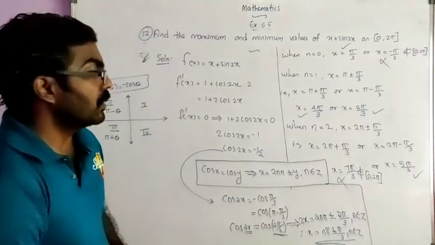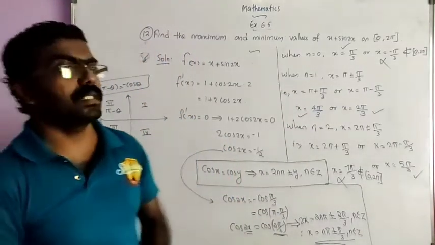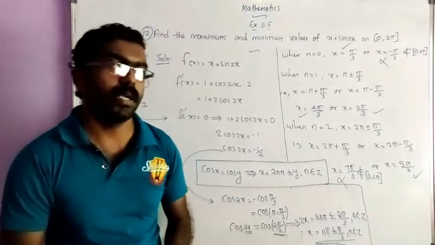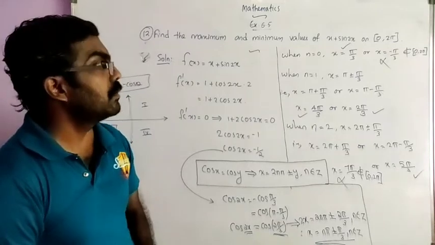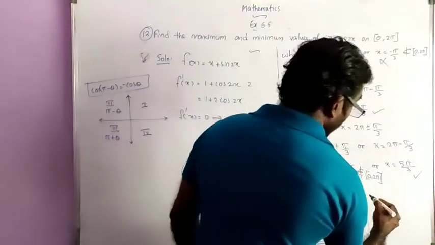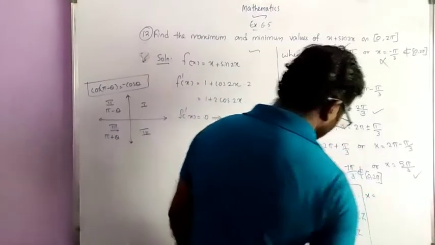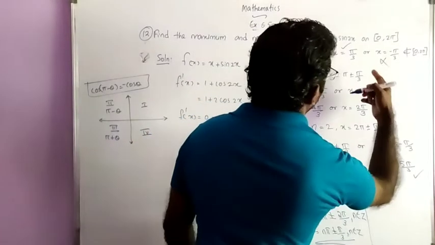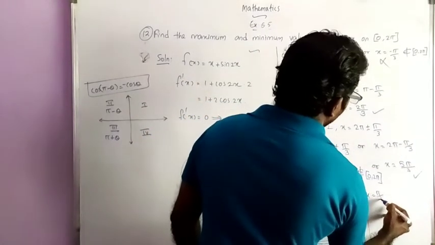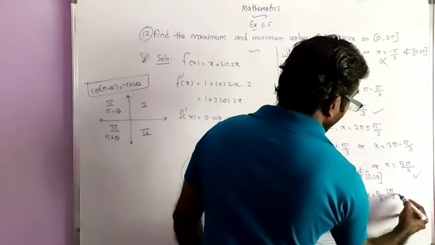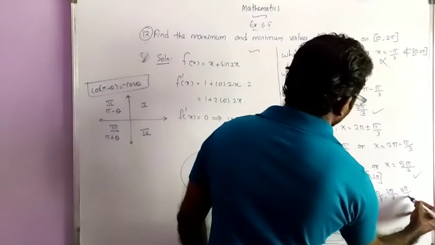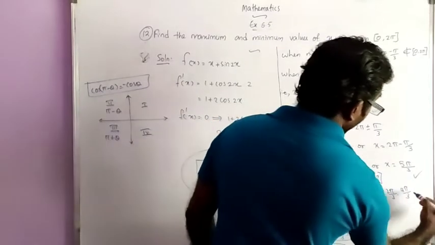Now, in order to find the maximum and the minimum values, we have to choose all the critical points we got. Namely, the x values are pi by 3, then 2 pi by 3, 4 pi by 3, and finally 5 pi by 3.